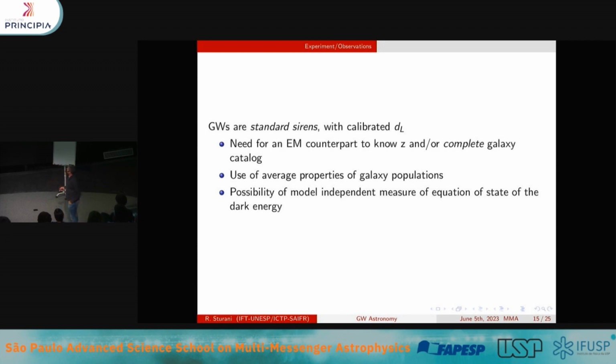And so, on average, I can do a statistical inference, assuming some quantitative shape for the distribution of black hole mergers in redshift space. But then, of course, if you want to do this, you better have thousands or tens of thousands of detections, which, by the way, third generation is going to provide us with.